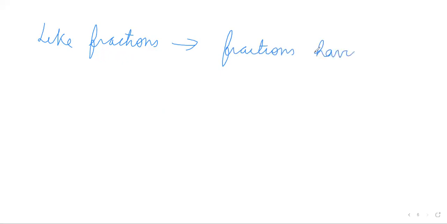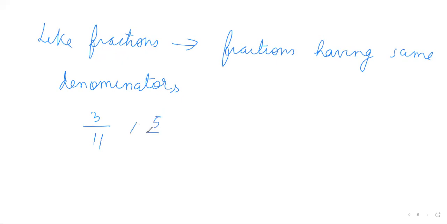Whenever the denominators are the same, we call them like fractions, like 3 by 11, 5 by 11, 9 by 11. These are like fractions. Every one of these fractions has a denominator of 11, so we call them like fractions. The denominators are the same.